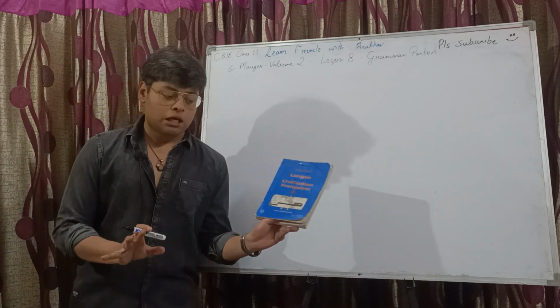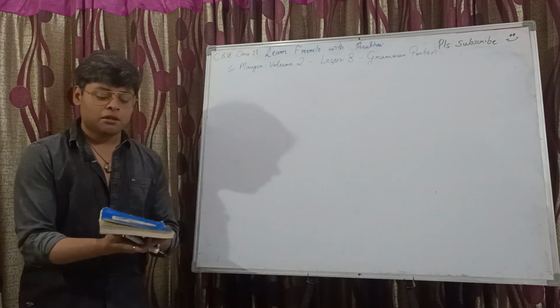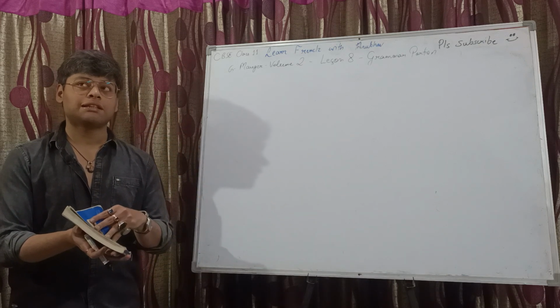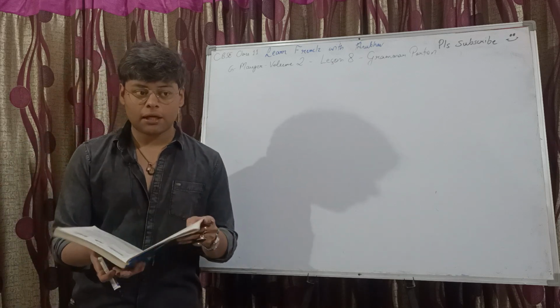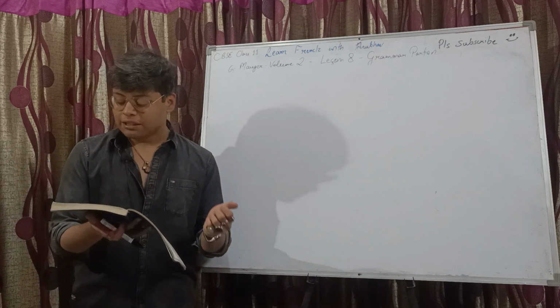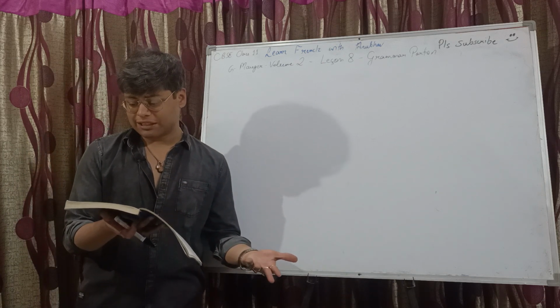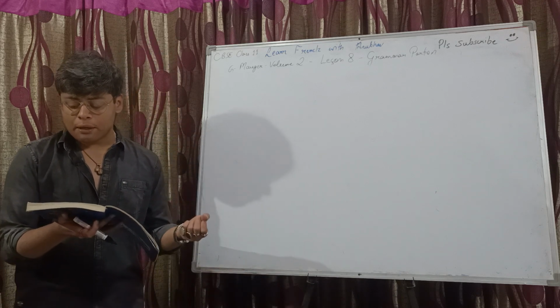I have also studied some portions from volume 1. Its level is up to class 9 and 10th, right from the basics. So you can take a look at volume number 1, page 164.